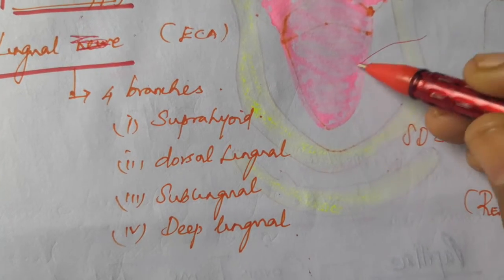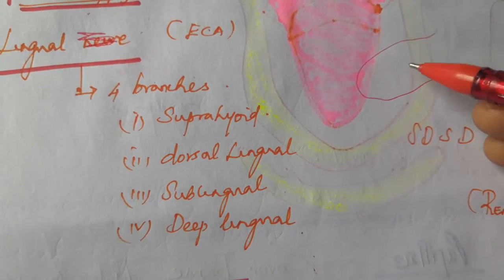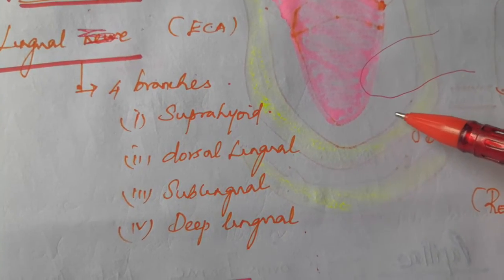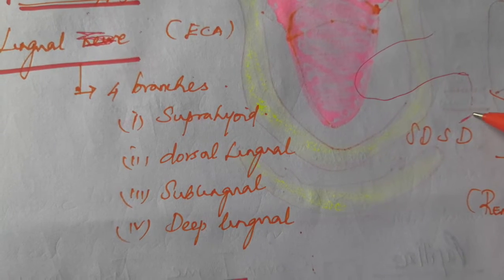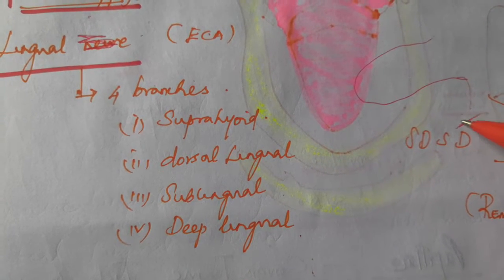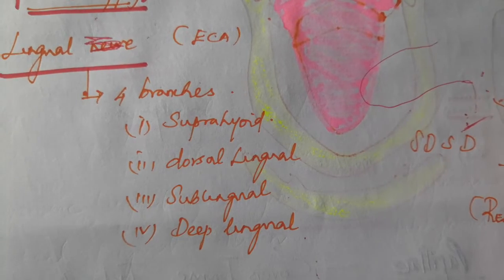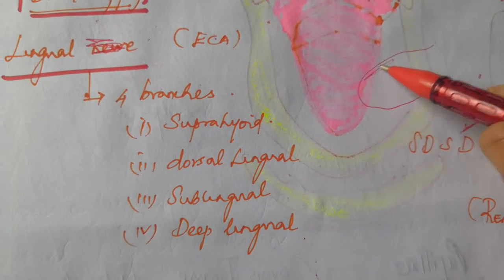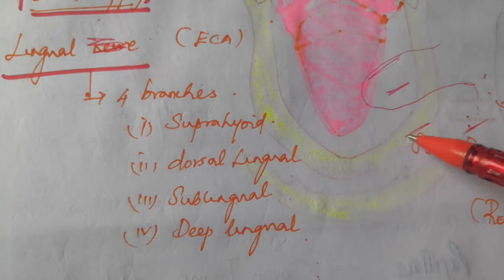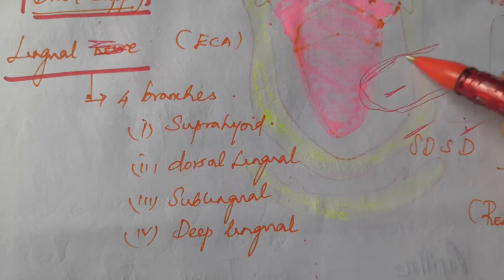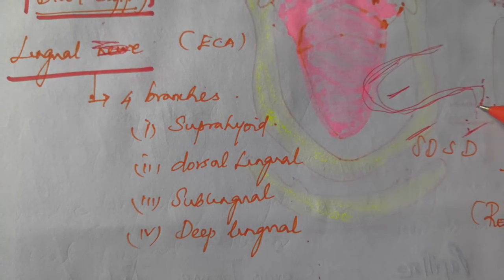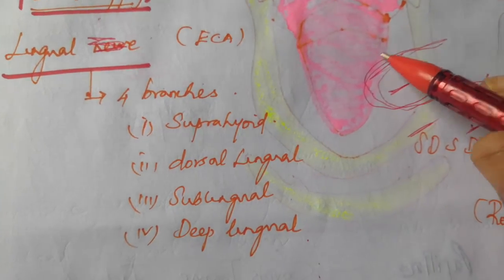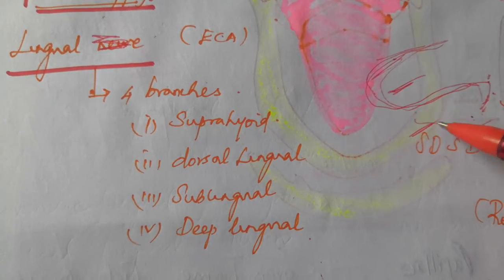The suprahyoid is attached to the hyoid bone, as I already told. So there's the hyoid, superior to the hyoid bone first, and then dorsal lingual, sublingual, and deep lingual. Draw a structure of a tongue showing where these are getting attached.